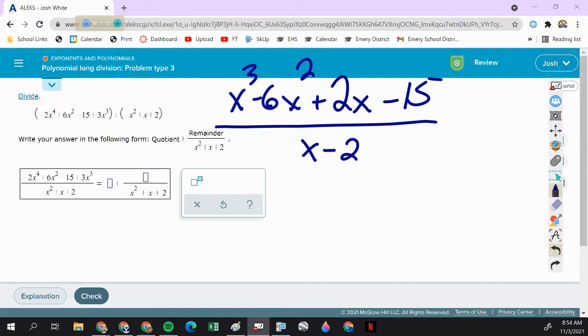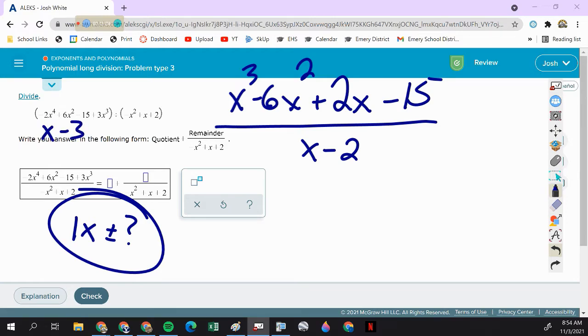If your denominator is 1x plus or minus something, say x minus 3, or x plus 1, or x minus 5, something like that, if your denominator is x to the first and then some whole number after it, then there is a shortcut for division.